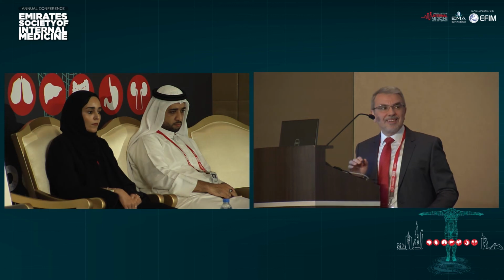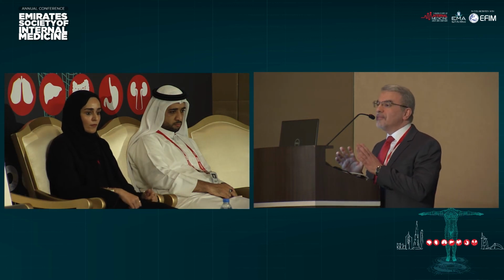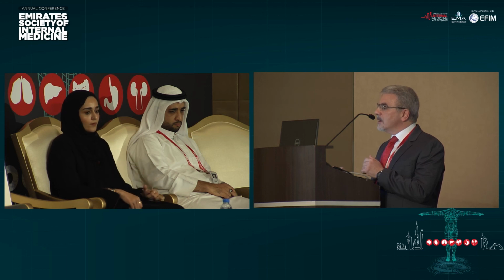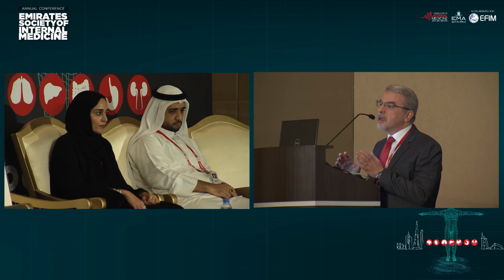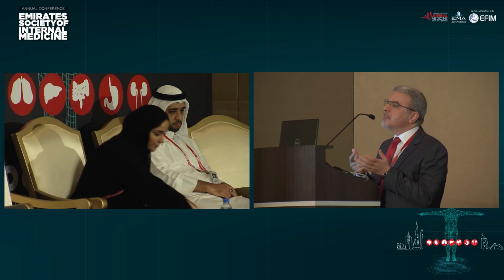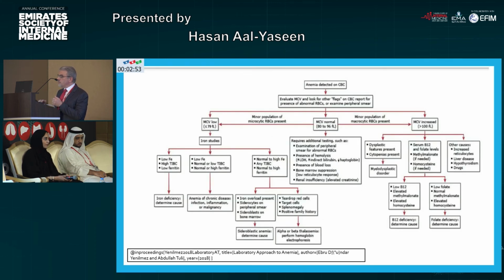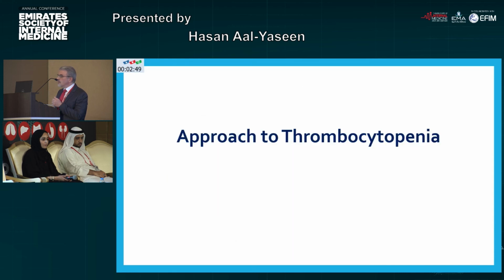So if you have high MCV, then you are dealing mainly with megaloblastic anemia. But if you have dysplasias in the peripheral blood, then you are dealing with possibly myelodysplastic syndrome, and then you have to do a bone marrow biopsy.